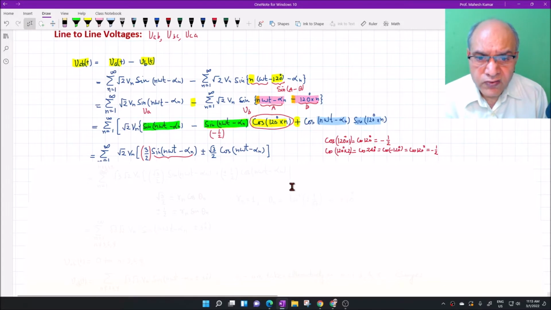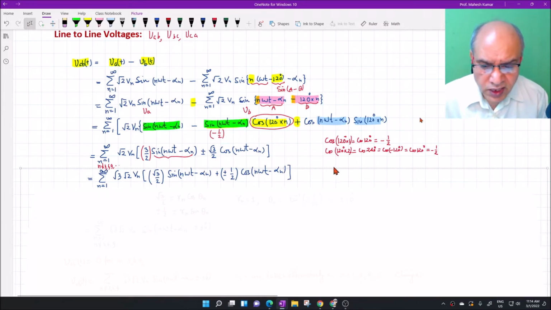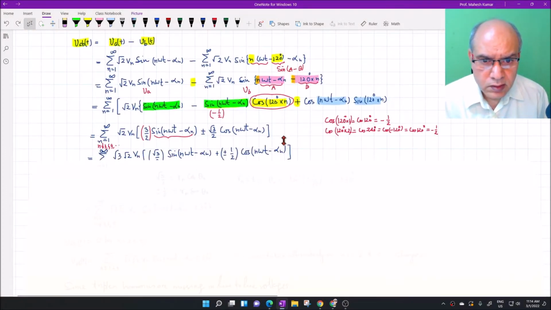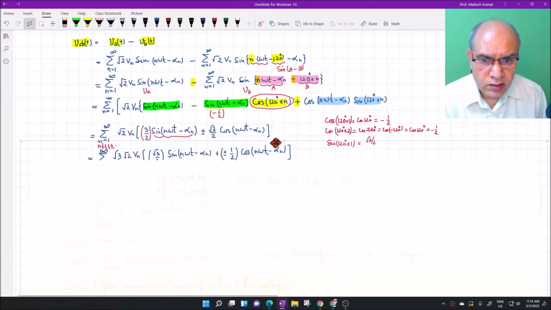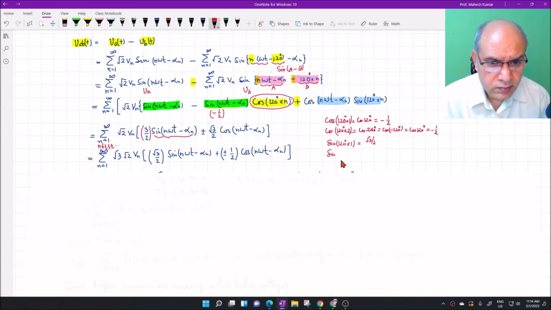Now let us see the value of sin 120n. Let us say n equals 1. Then sin 120 becomes sin(90 plus 30), which is cos 30, root 3/2. And when n becomes 2, this becomes 120 into 2.